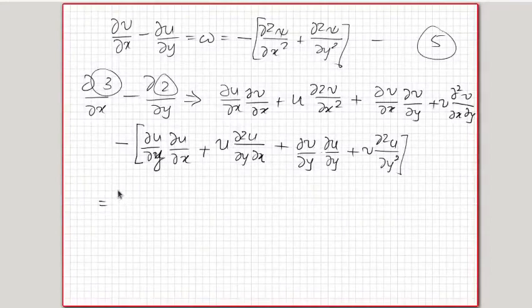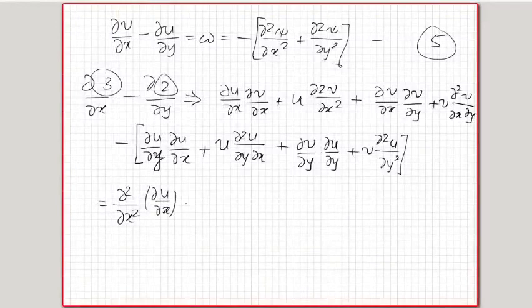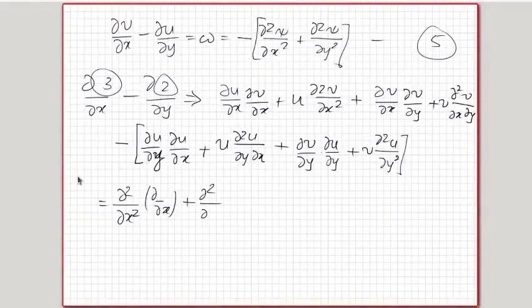So if I just take del squared by del x squared of, the differential order can be changed, so it will be del u by del x plus del squared by del, this is equation number 3 that I am doing, so it will be del v by del x and del squared by del y squared of del v by del x.